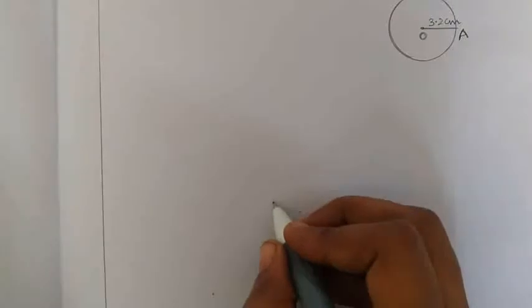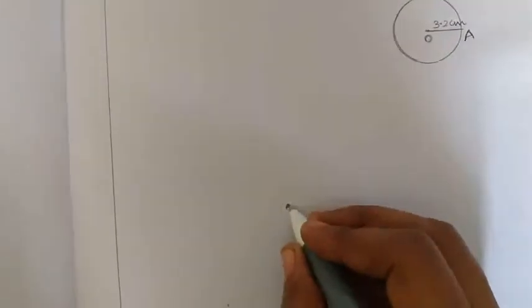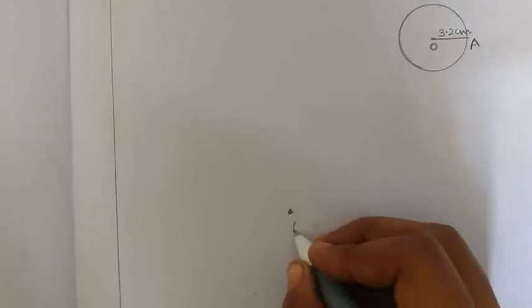First, mark a point O with a sharp pencil, where we want the center. This is the center of the circle.